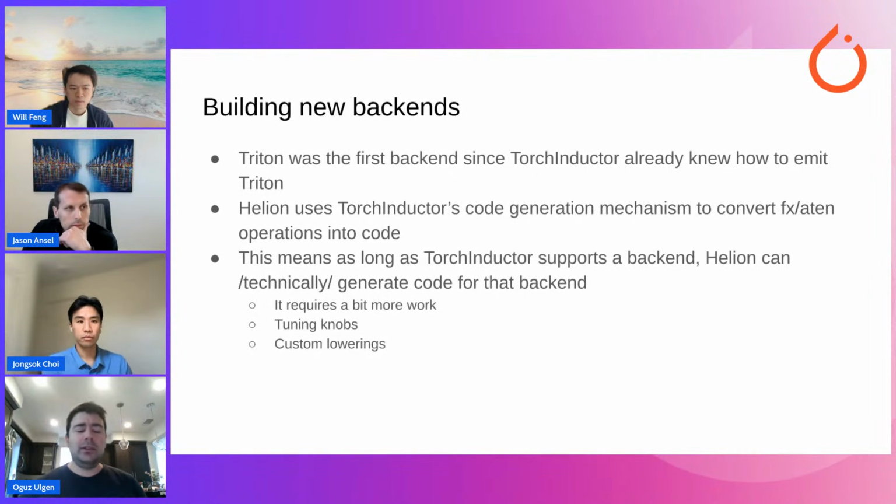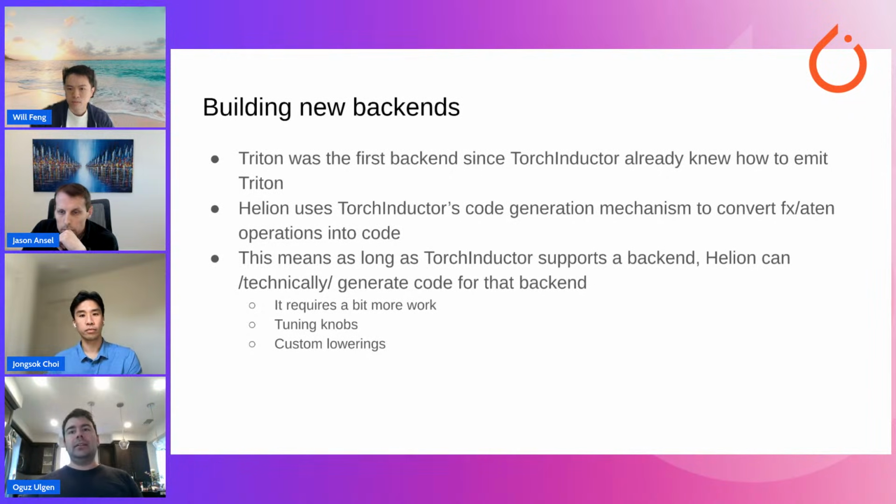And for custom lowerings, sometimes these hardware have their own custom functions that do some ATen operations. And more specifically for Helion, we don't really support the entire set of ATen operations, but rather we have our own custom ATen operations because we support additional operations on top of the regular set of ATen. An example of this would be control flow.